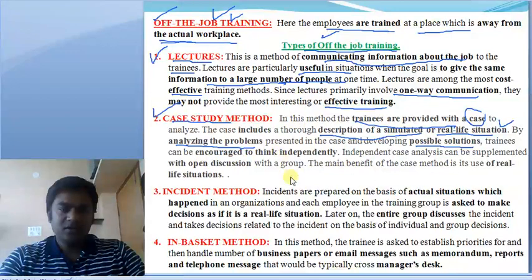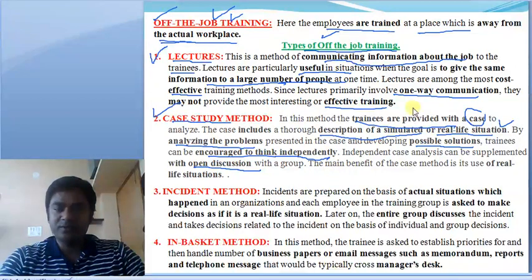Here the trainees are independent and are encouraged to think independently. There will also be open discussion among the group members. The main benefit of the case method is that it uses a real life situation, so when it is given to the trainees, they can actually understand what the job is.